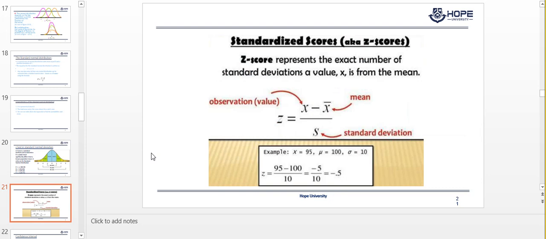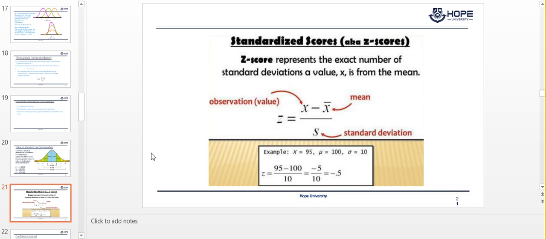A standard score, or z-score, represents exactly the number of standard deviations a value x is from the mean. As you see, the z-score formula is z equals x observed value, minus x bar the mean value, divided by s the standard deviation. For example, look at this.